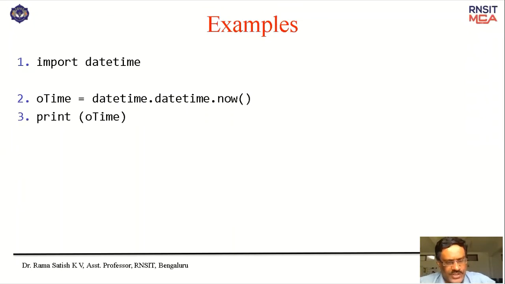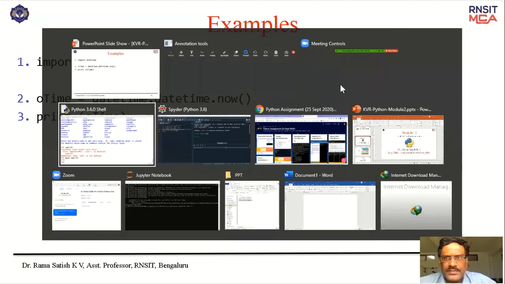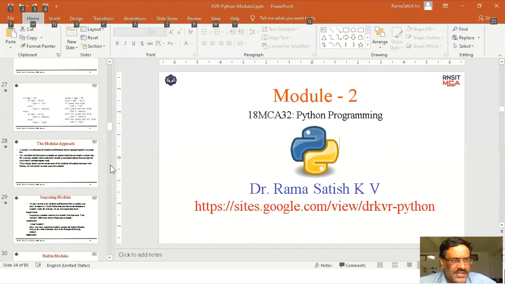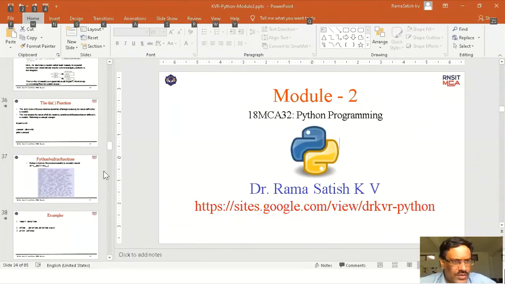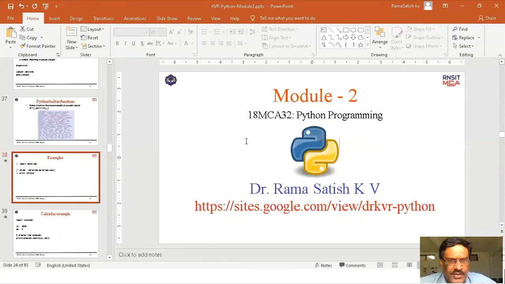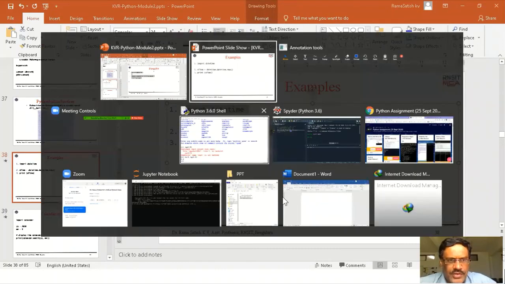This is a 3-line code. I just copy and paste this 3-line code so that we can see how it is used. Very simple. Just copy these 3 lines and let me execute it in Jupyter or Anaconda.